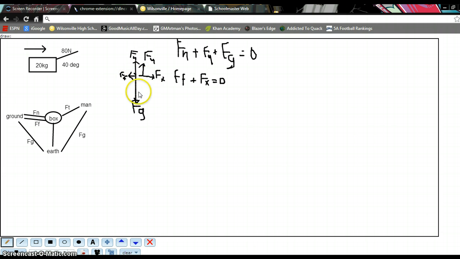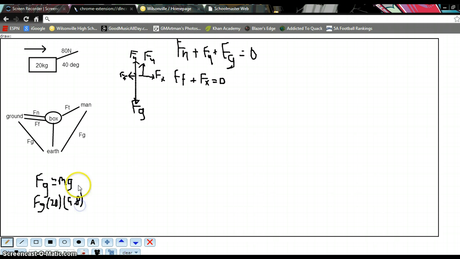So what I did first, to find your gravitational force, it would be gravitational force equals mass times little g, which is 9.8. So for gravitational force, you would just plug in 20 for the mass and 9.8 for little g.